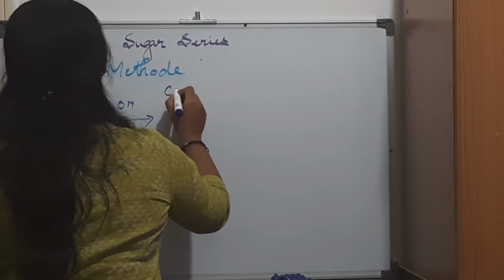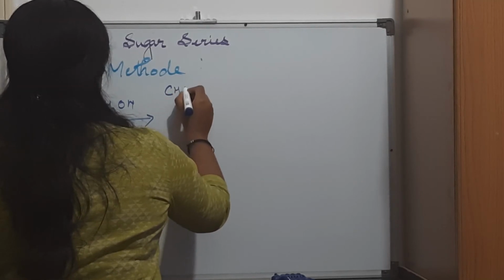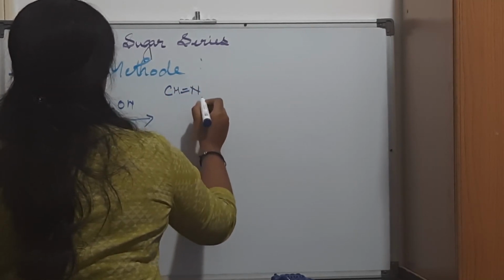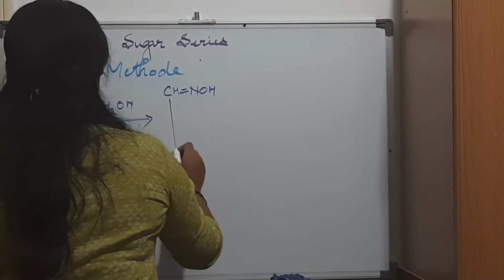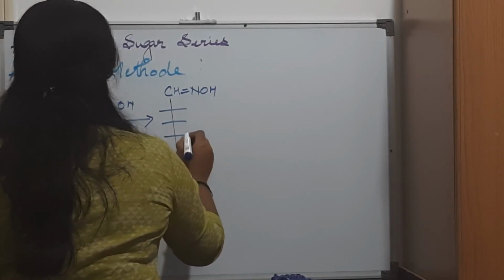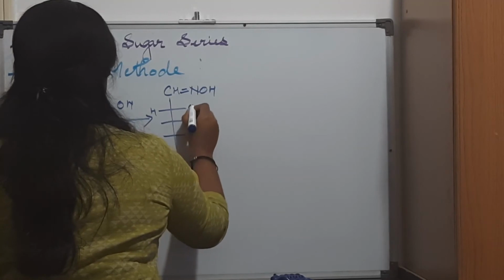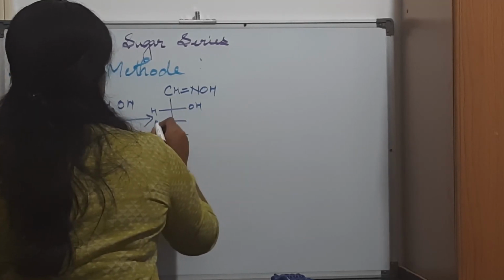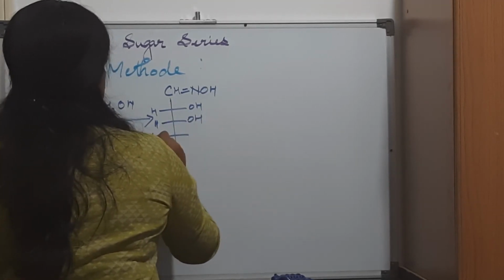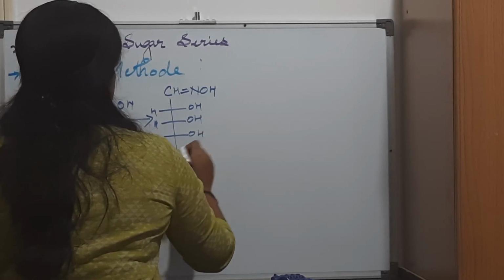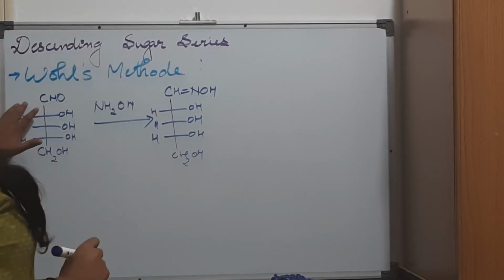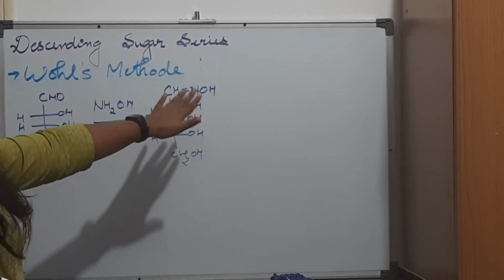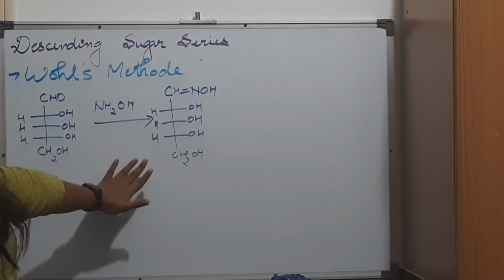C double bond N OH. Everything else remains the same, and the CHO got converted to an oxime with hydroxylamine.